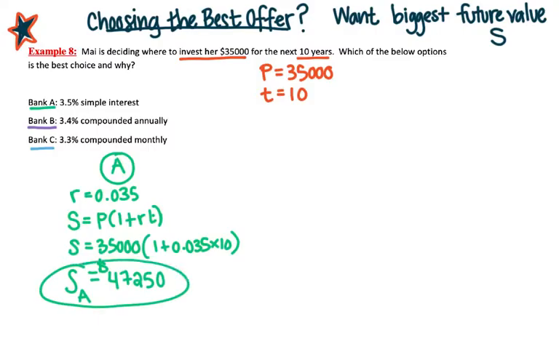Now let's look at Bank B. Here are the terms of Bank B. The rate is 0.034, but it's compounded annually.